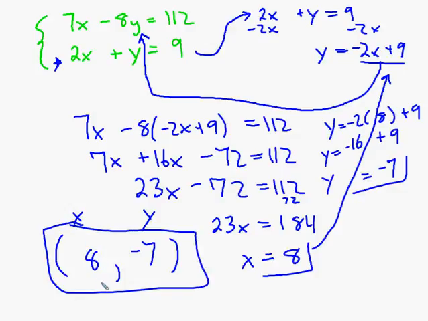Alright, let's do one where I give you the answer and see if you have to check to see if that actually is an answer. Okay? So, here's my system.